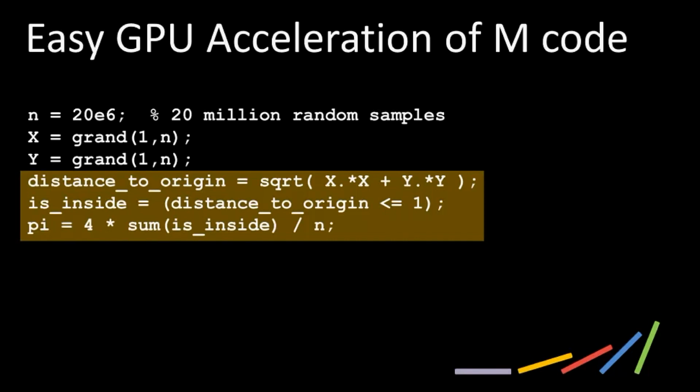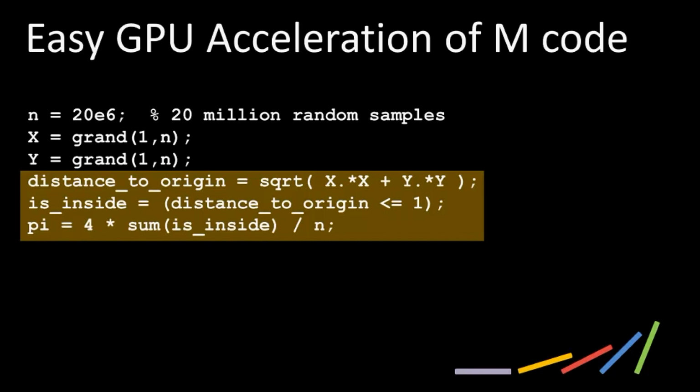So if the inputs are GPU variables, then the outputs are GPU variables, and so forth. In the next line, since distance to origin is a GPU variable, that logical operation of less than or equal to 1 will occur on the GPU, and then the result is stored in the variable is inside, and so forth. The GPU computations are propagated throughout the code.